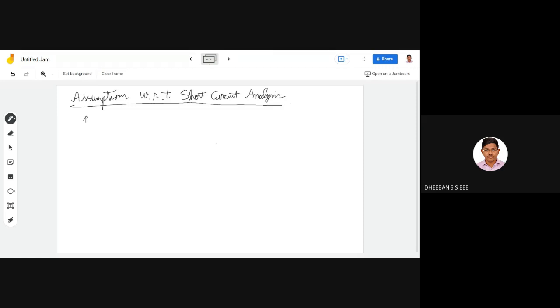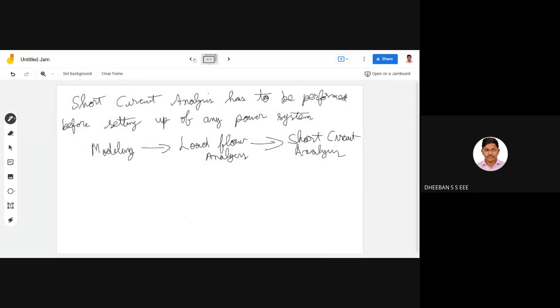So here, accurate fault calculations will involve much labor, labor and time consumption, and it will cost more time for having accurate modeling and everything.